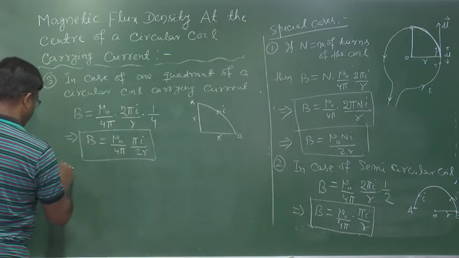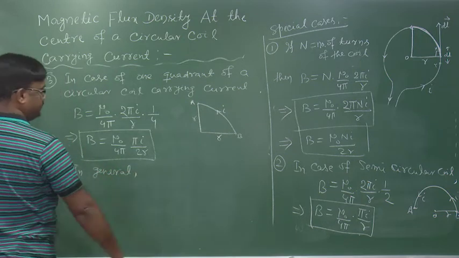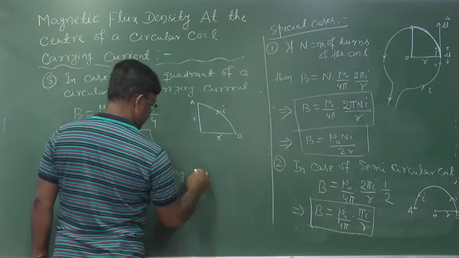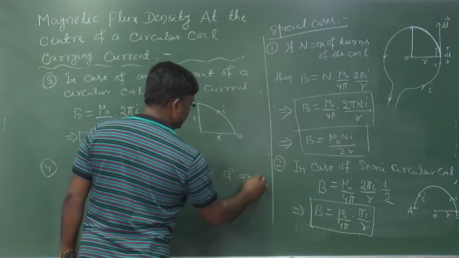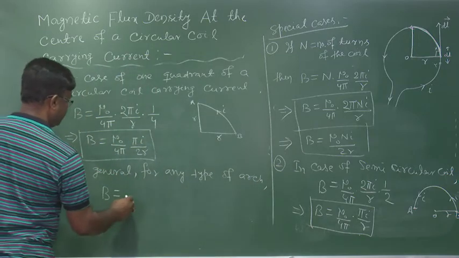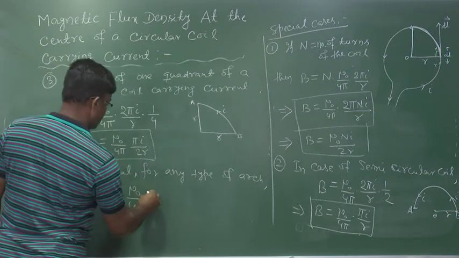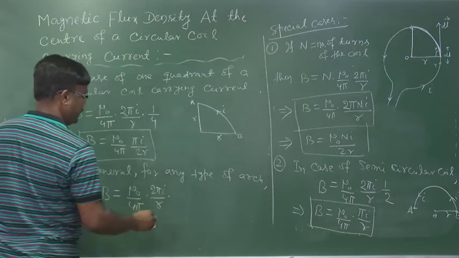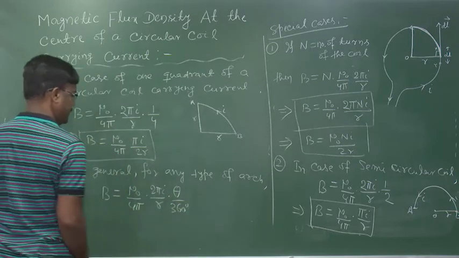Number 4, in general, for any type of arc, B is equal to mu 0 by 4 pi into 2 pi I by r into theta by 360 degree.